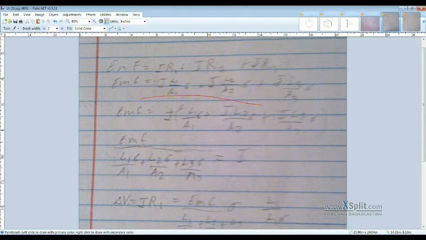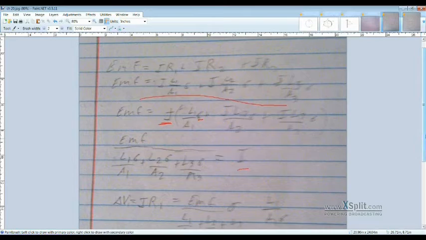If we do that for each resistance, as you can see we did here, we can factor out the I, the current, because it's constant, and we can factor out the sigma as well.